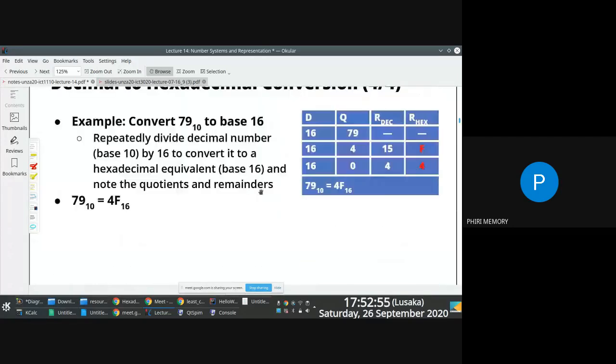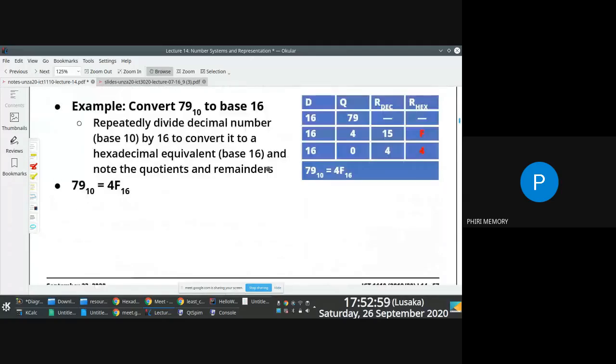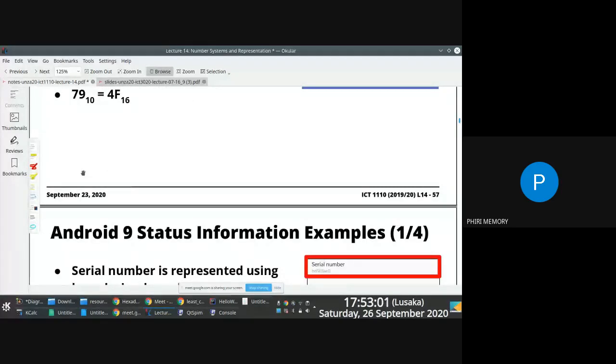When we find the answer, we then try to prove it using the other formula, the one where we convert the F's, the 15, 15.